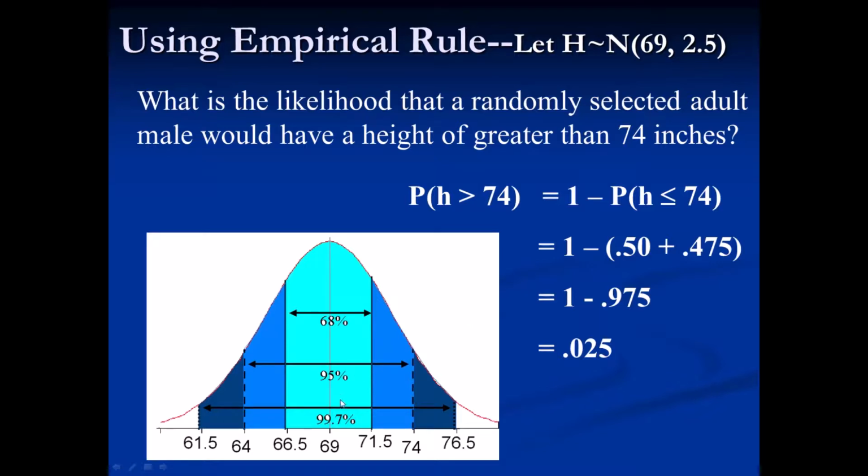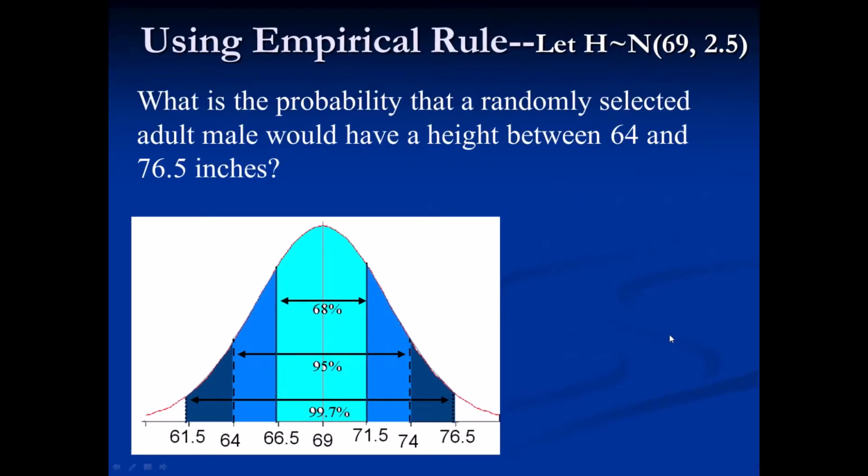Okay, 74 here is going to be 0.5, plus half of 95, which is 0.475. If you add those together and subtract from 1, you get 0.025. My bad, I misread the number.